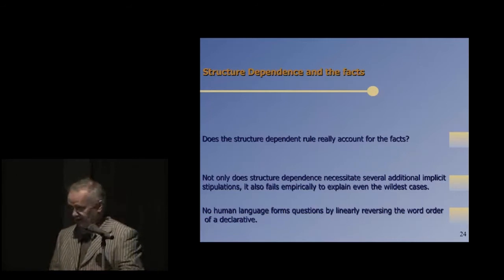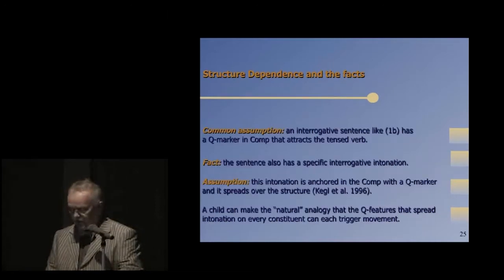Let's take a very wild case. No human language, to my knowledge, forms questions by linearly reversing the word order of a declarative. Well, it's very easy to do, even if you assume structure dependence. Take a common assumption. An interrogative sentence like 1b has a Q marker in comp that attracts the tensed verb.